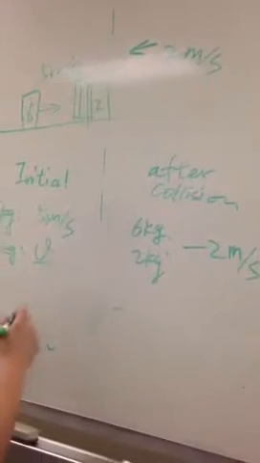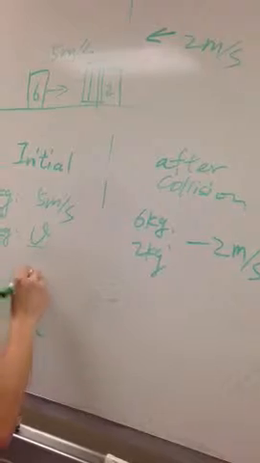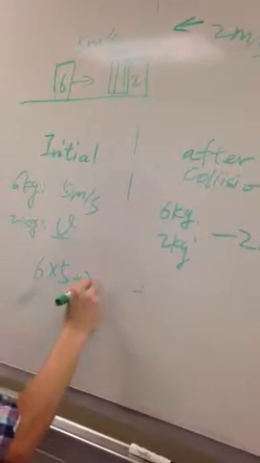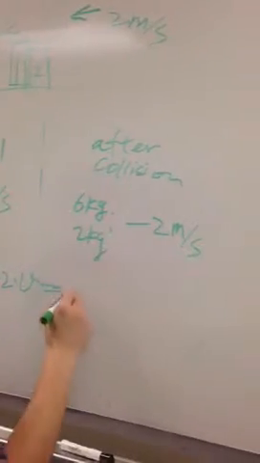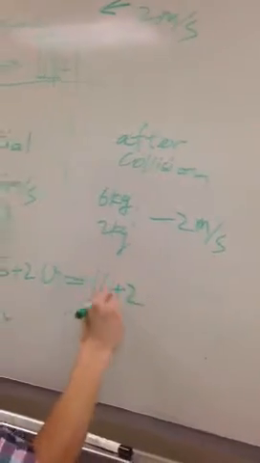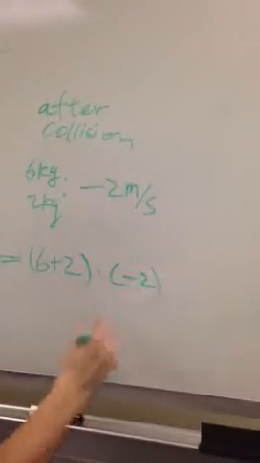And then if we put everything together, 6 kilogram times 5 plus 2 times the velocity should be equal to 6 plus 2, because they stick to each other, times -2.